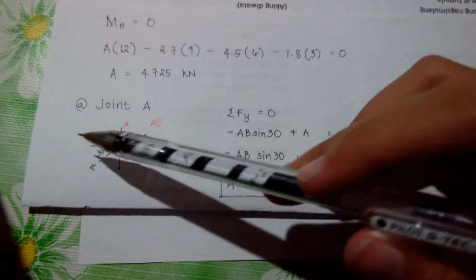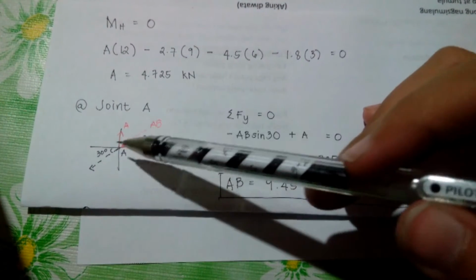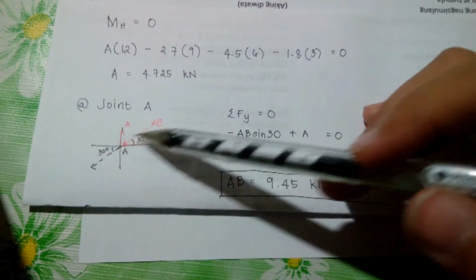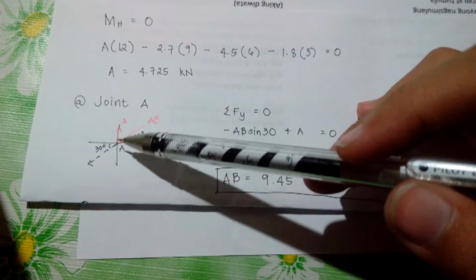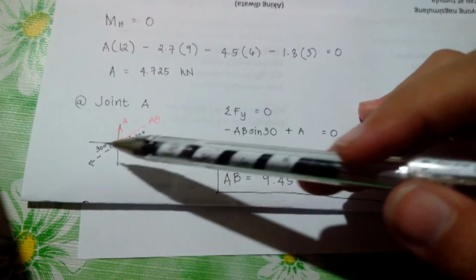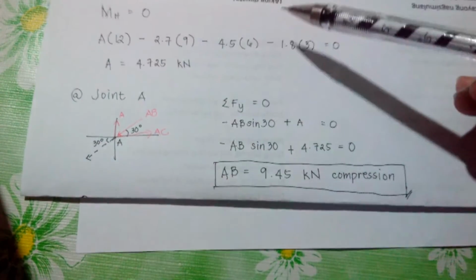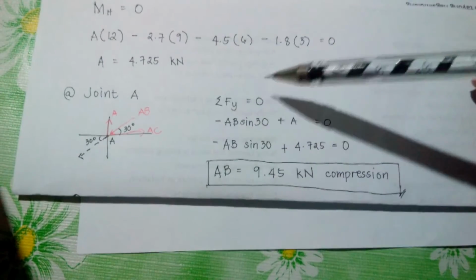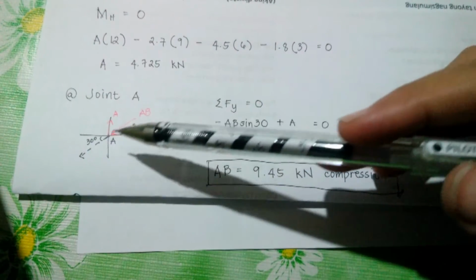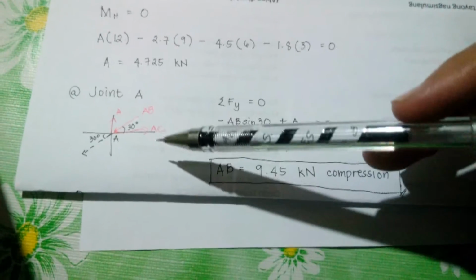So let's solve the force at joint A. This is the free body diagram at joint A, involving forces of members AB, AC, and A. Since we only need member AB, we can disregard AC since we don't have a value for it.